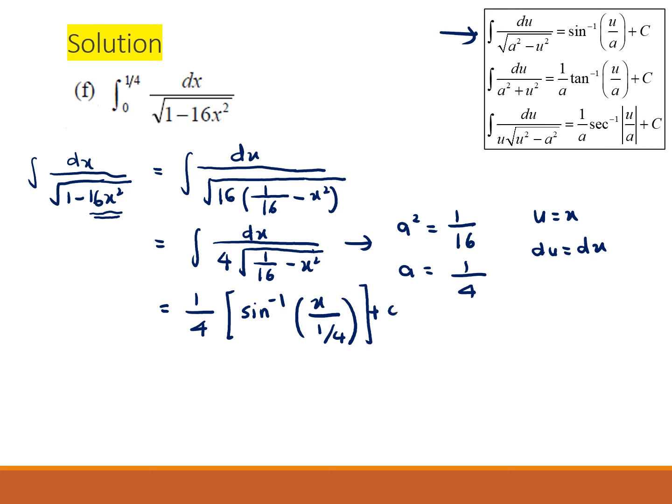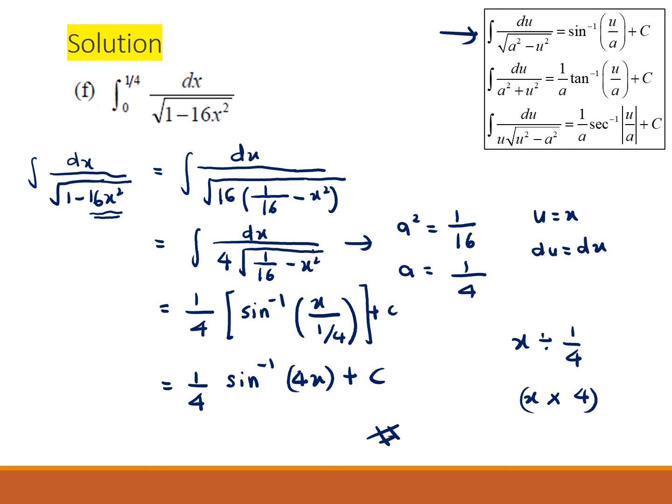We rearrange this and we will have 1 over 4 arcsine of 4x plus c. So why do we have 4x? Because x is divided by 1 over 4. So this will become x times 4. So that's why we get 4x.